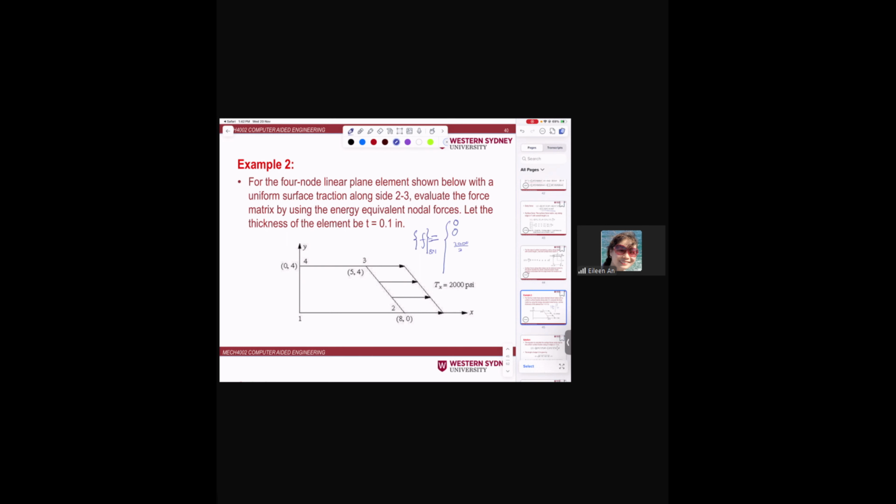You have to get it using the sides. It's easy to calculate: 3 squared plus 4 squared, so the length is 5 inches. So times 0.1, the thickness, times 5, because the height is 5 and this side is 3, so 3, 4, 5.